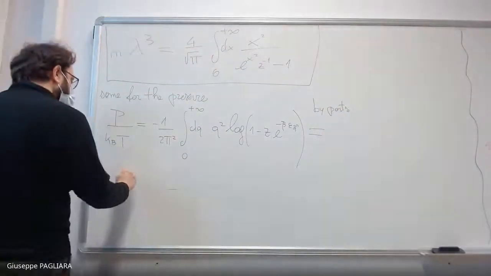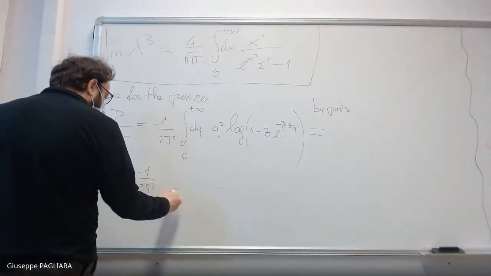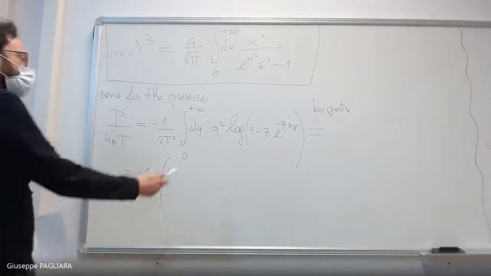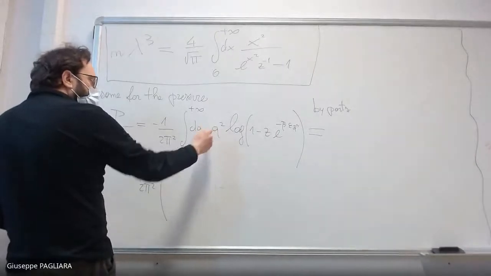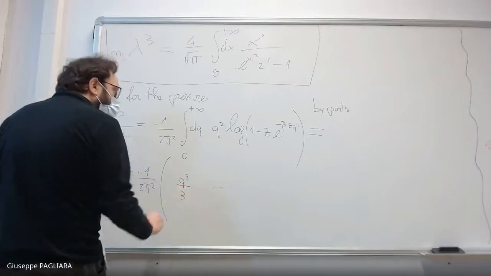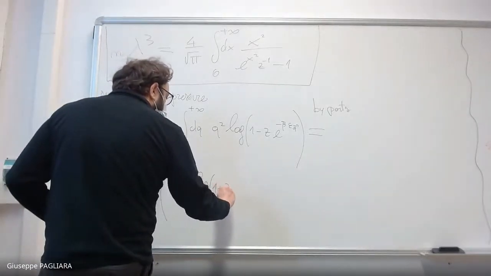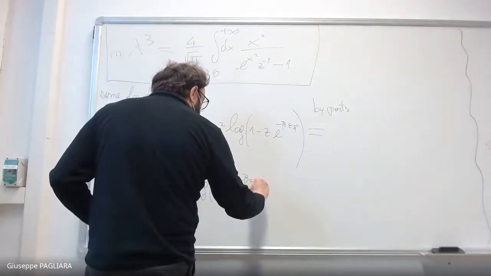And I have a minus 1 divided by 2 pi squared overall. Let's consider this function here and integrate. So it's q to the power of 3 divided by 3 times the logarithm of 1 minus z e to the minus beta epsilon q.